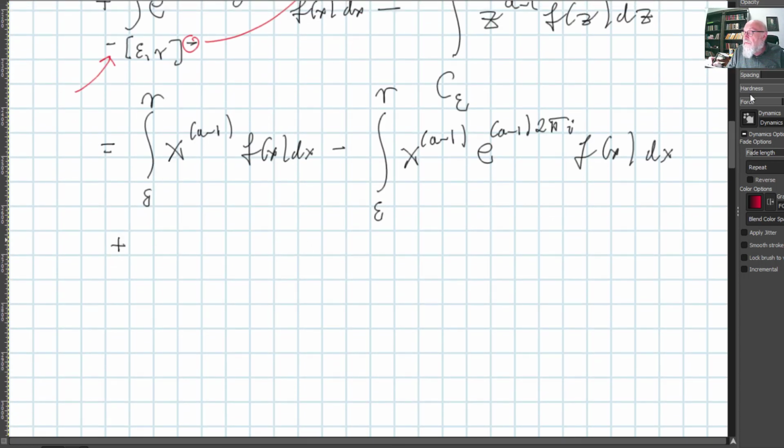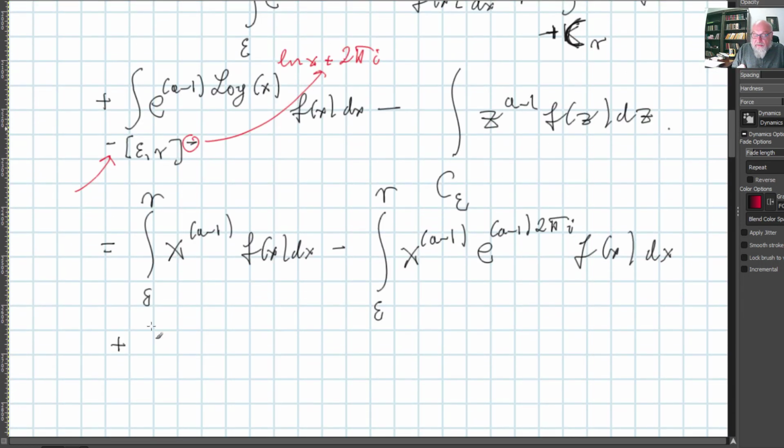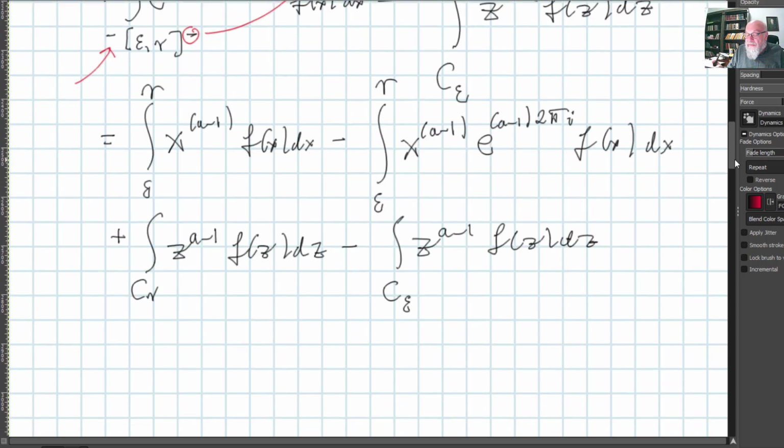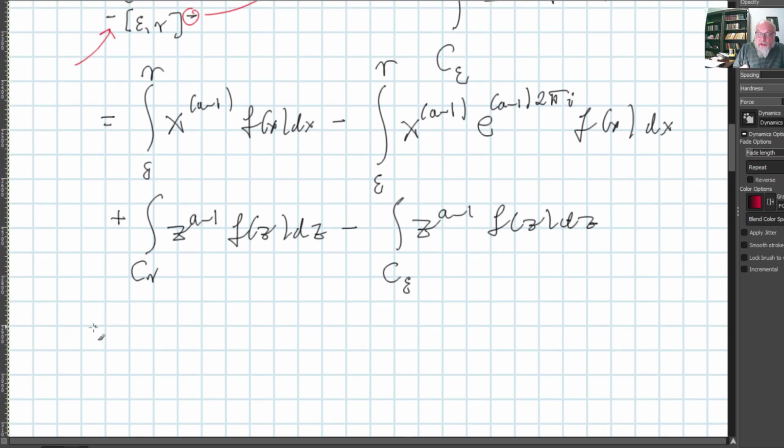I have two other integrals, so let's copy them. So this will be integral CR, and this is z a minus 1, and this will be f of z dz, and minus, and this will be small epsilon z a minus 1 f of z dz, and I'm claiming the following. So first of all, notice what happens if I take epsilon goes to 0 and r goes to infinity.